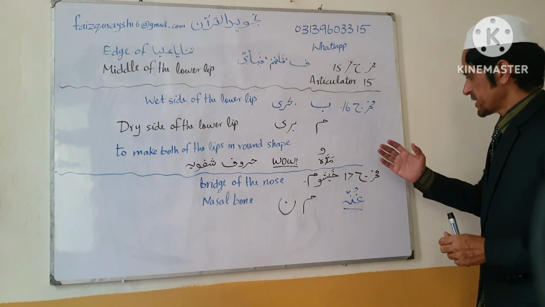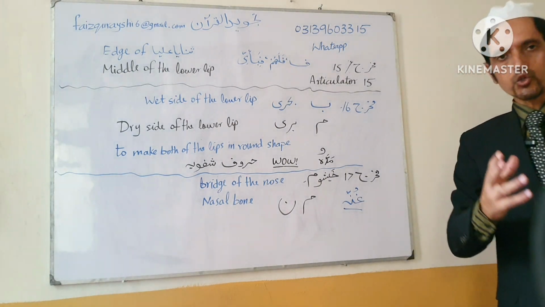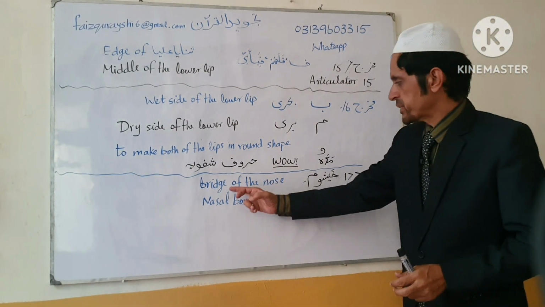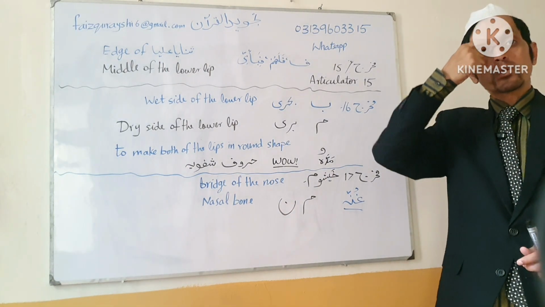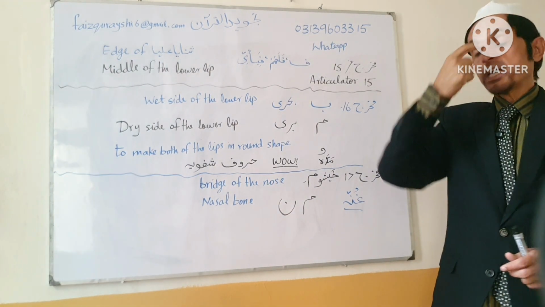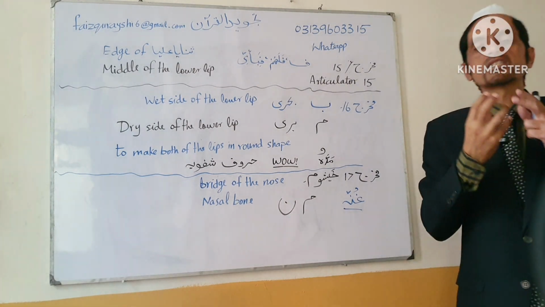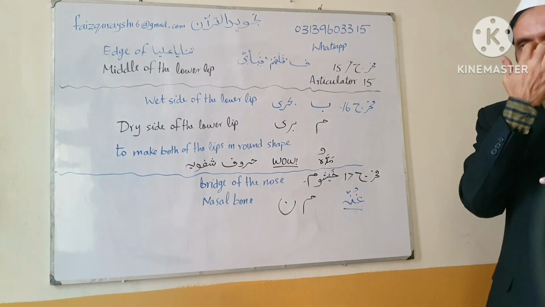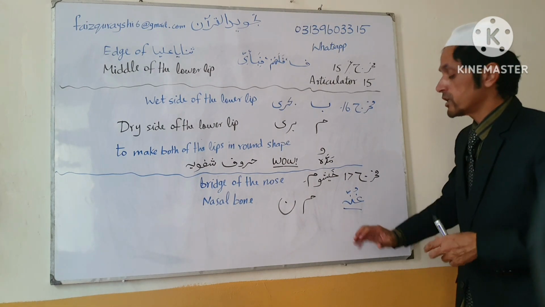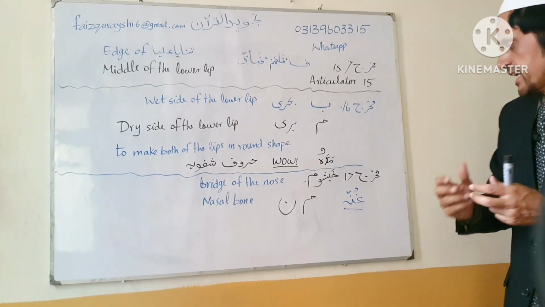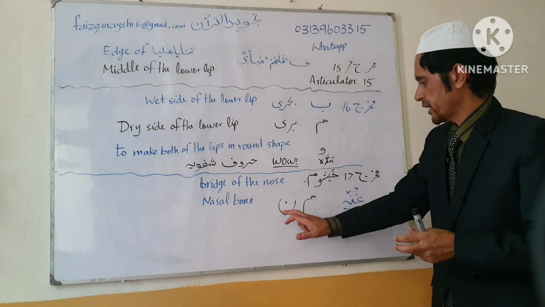Now come to makhraj number 17, and this is khayshum. Khayshum, bridge of the nose or nasal bone. Now you see, this is your nose and this is the bridge of your nose, and sound comes from this place, and this sound is also called ghunna when we articulate these two letters mim and noon.